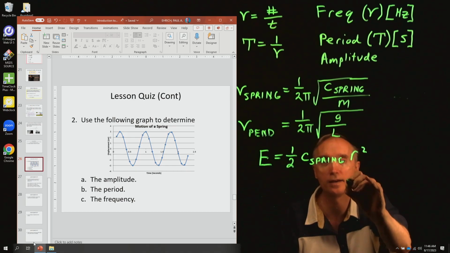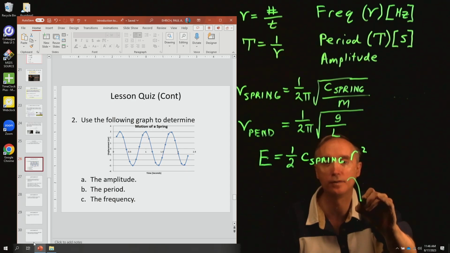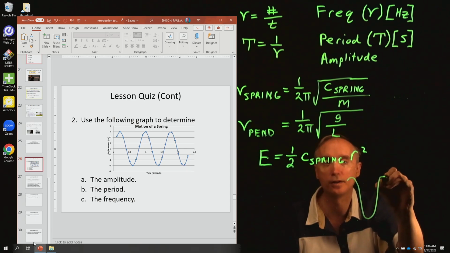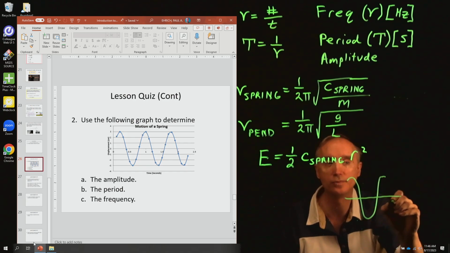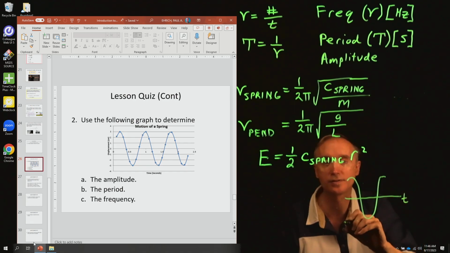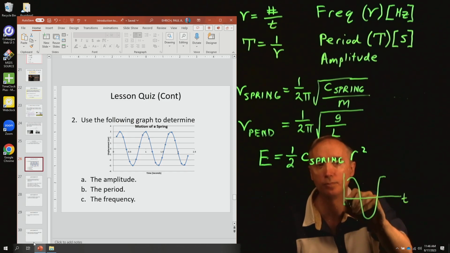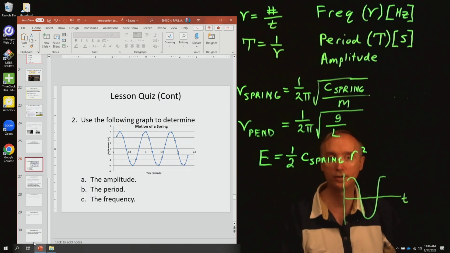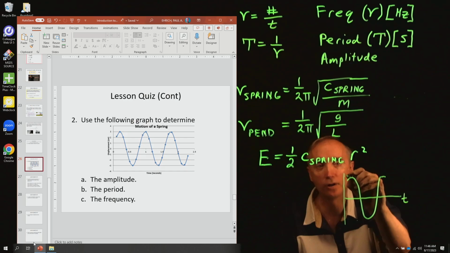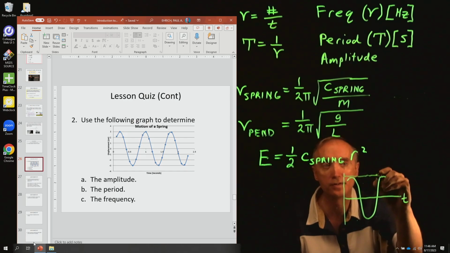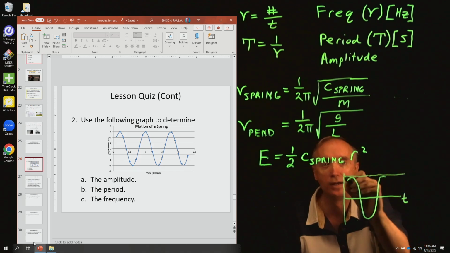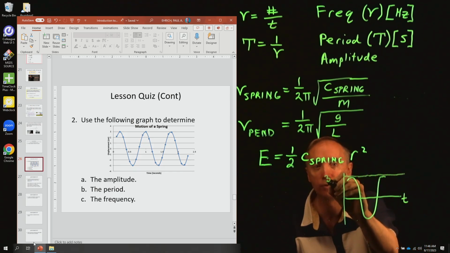This thing has a maximum, and then it goes down to a minimum, and then it goes back up to a maximum again. Time t is going sideways, and the amplitude is going up and down. If you look very closely at where this thing is having its maximum, that's turning out to be 3 centimeters.